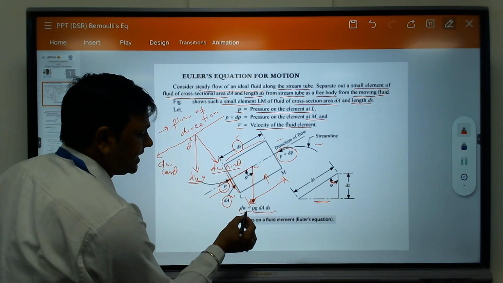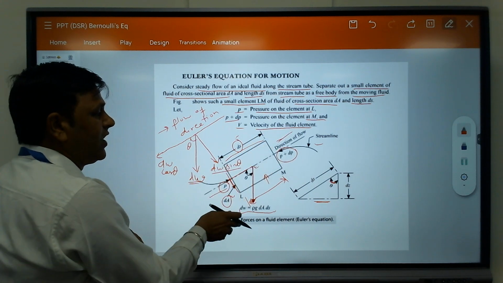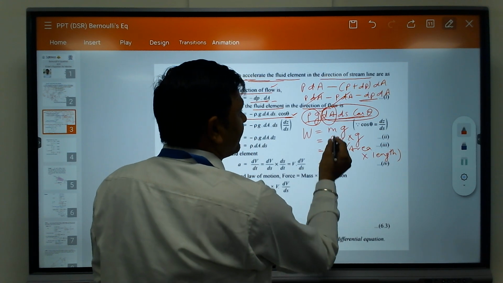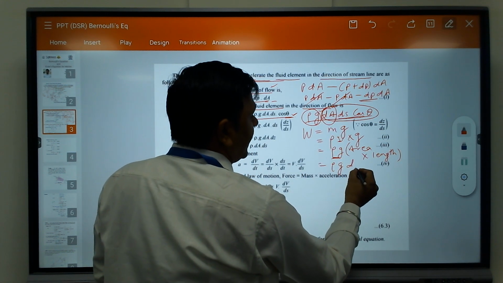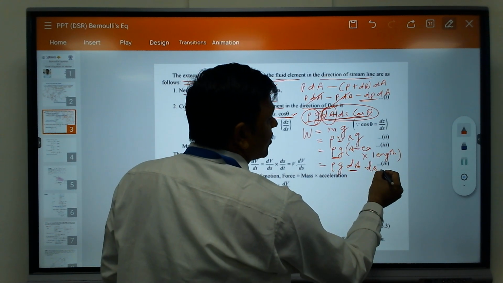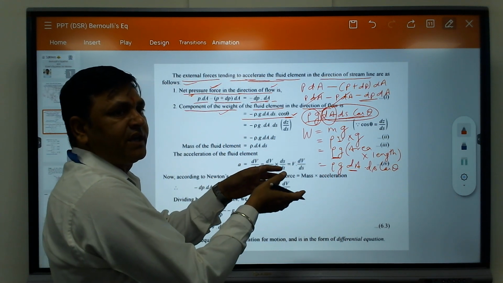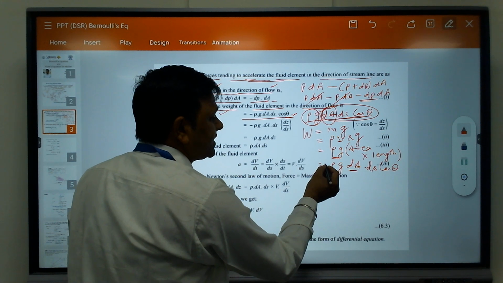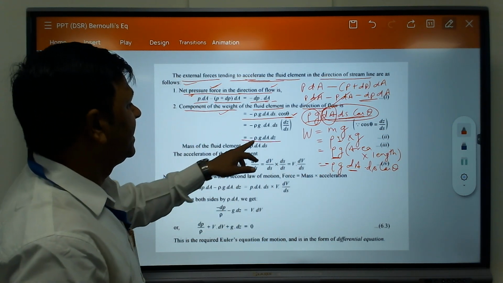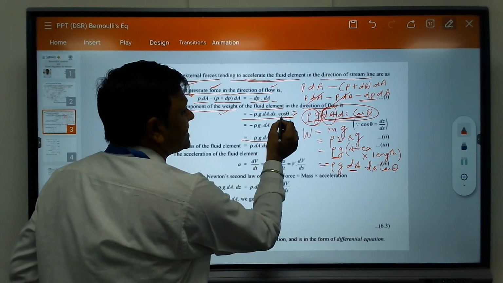Now we consider the weight of the fluid element in the direction of flow. Here we have rho g dA ds cos theta. Because this is opposite to the direction of flow, the sign comes negative: minus rho g dA dz.